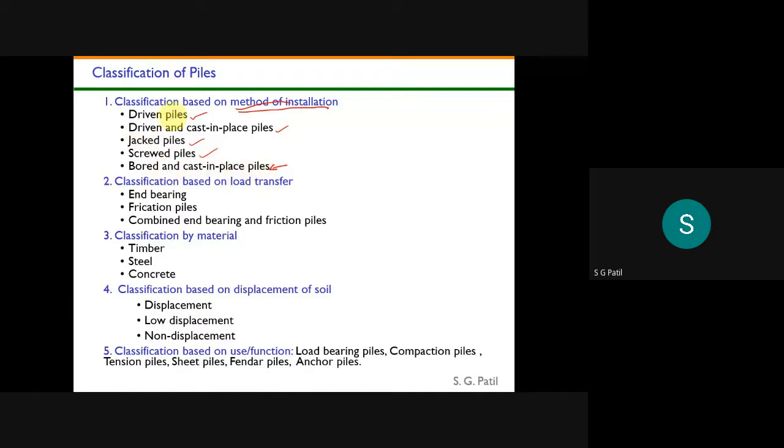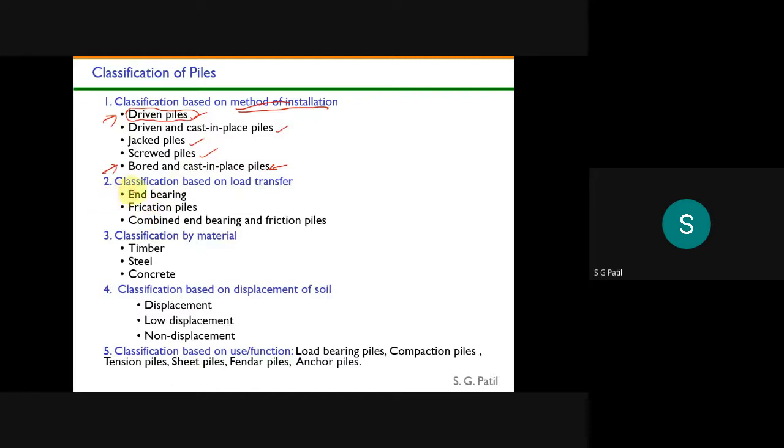Driven piles will mostly be used in offshore and marine structures, but for onshore applications it is mostly bored and cast in place piles. The other piles are used only in some specific applications, so the majority will be driven and bored and cast in place piles.